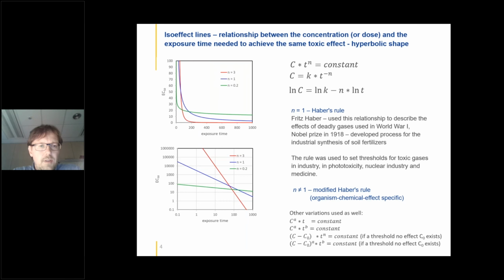So already more than 100 years ago, toxicologists realized that there is a certain relationship between the applied concentration or dose of toxicants and the exposure time.